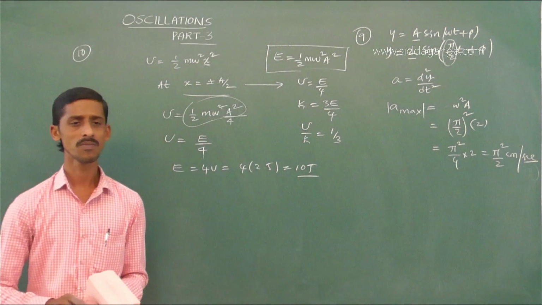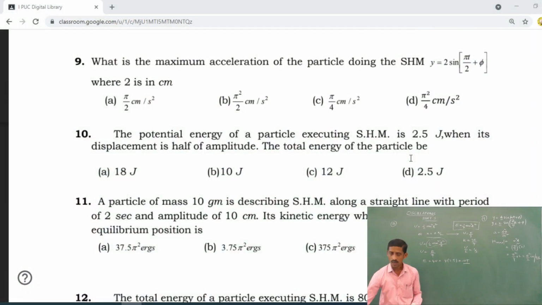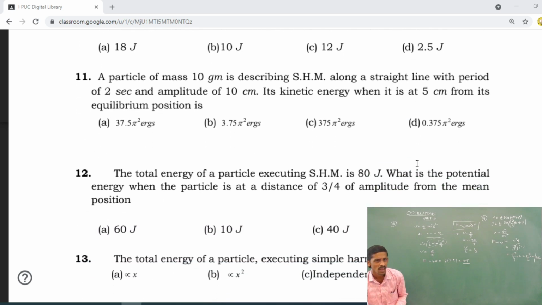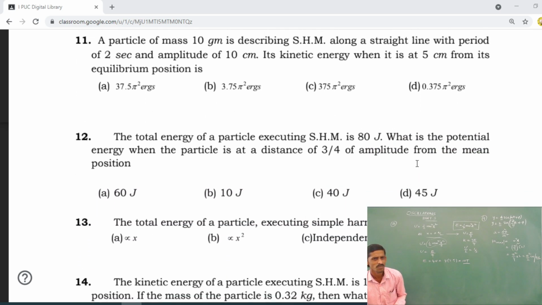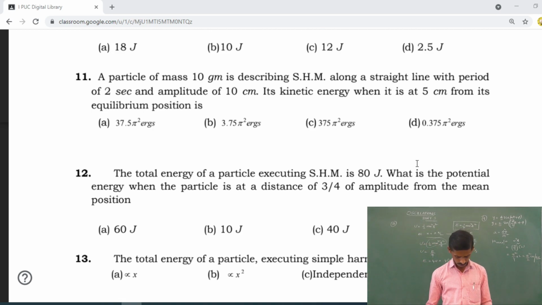Next question. A particle of mass 10 gram is describing SHM along a straight line with a period of 2 seconds. The amplitude is 10 centimeter.